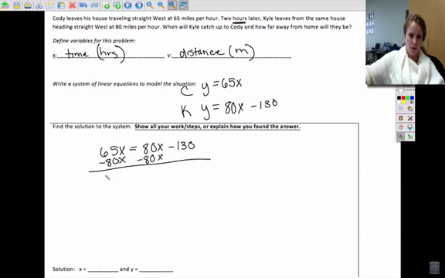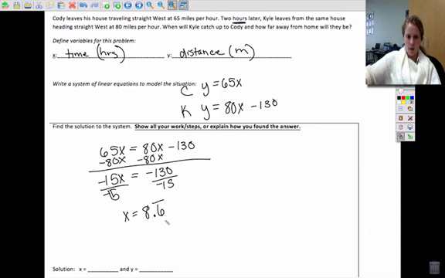and we're going to get negative 15x equals negative 130, okay, and 130 divided by 15 will give us, and this is a negative divided by a negative, then x is going to equal 8.6 repeating.